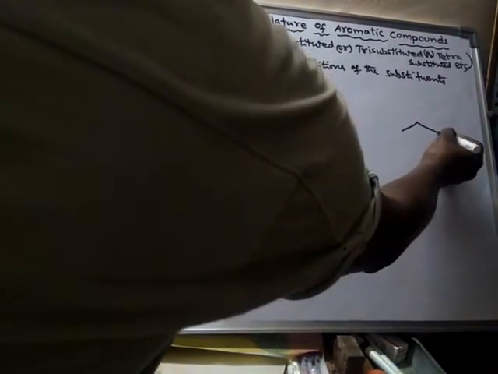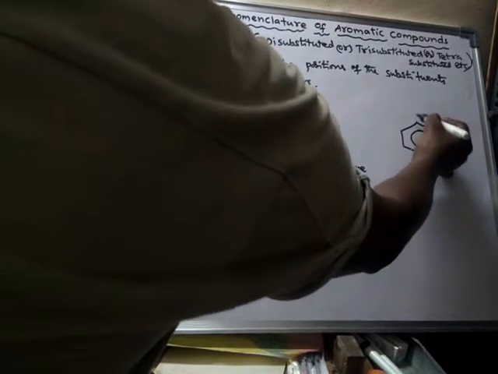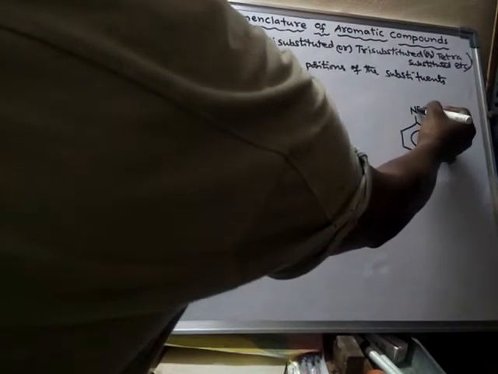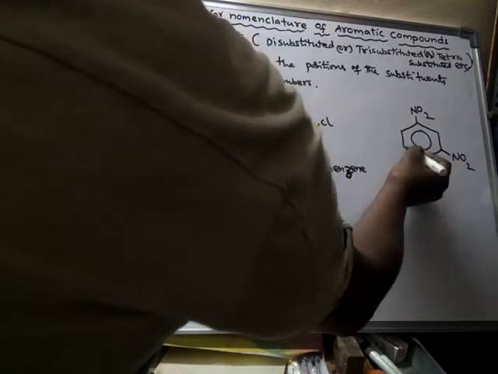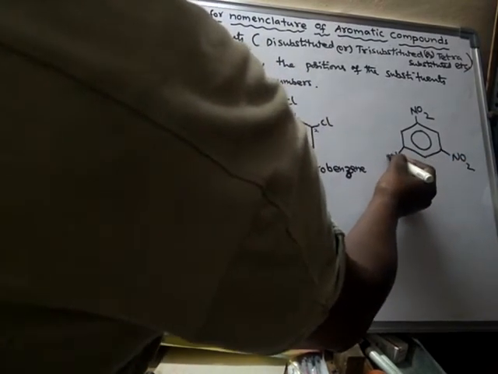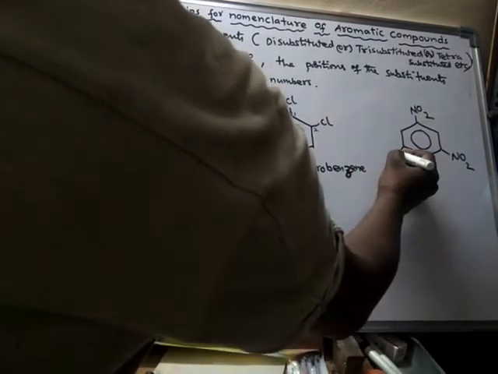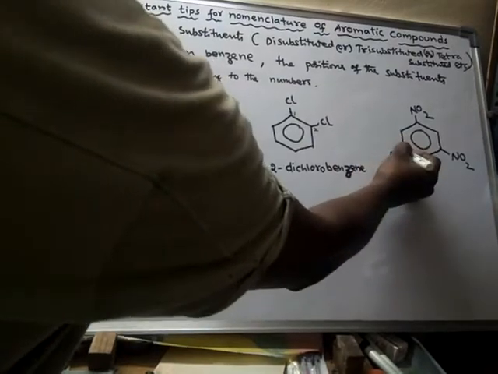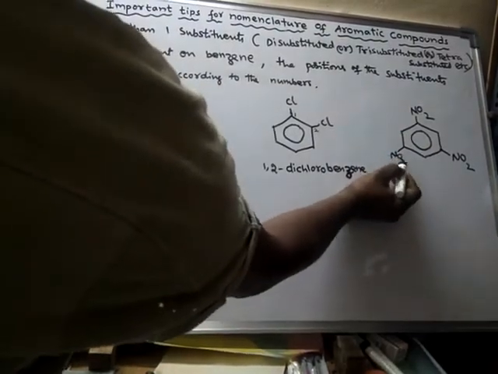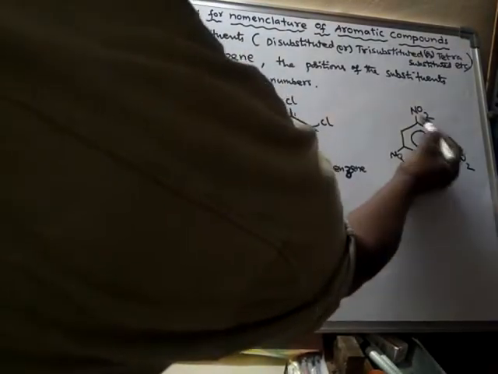Suppose if it is like this, what is the name of this compound? See, this linkage is attached to nitrogen, not to oxygen. Remember, this group is called the nitro group.